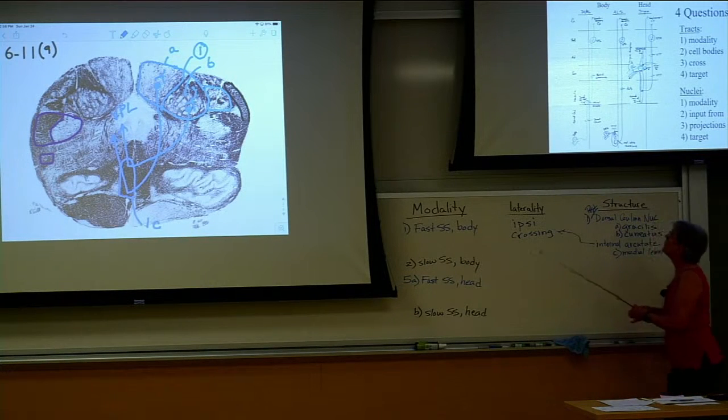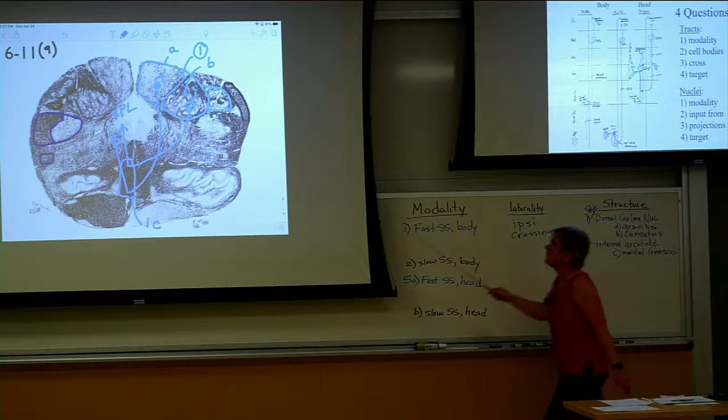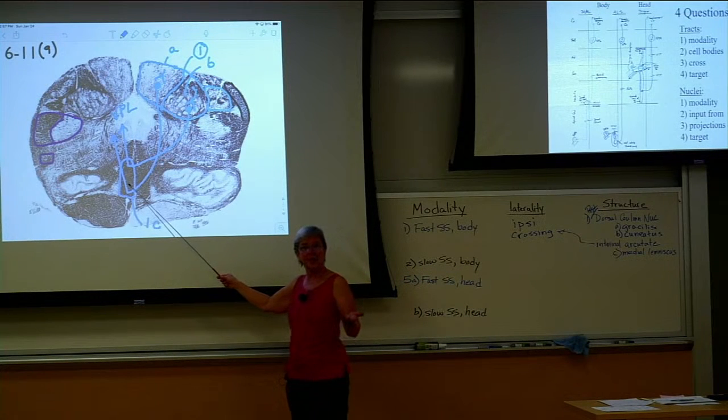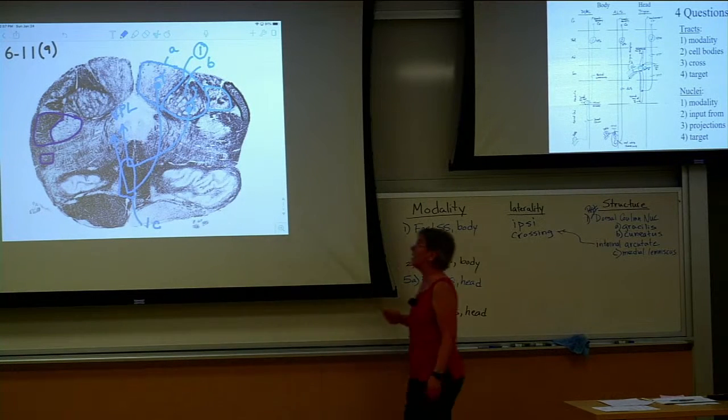And finally, we have our medial lemniscus, 1C, up there on the section. If we're talking about these fibers right here, and the question is, where did that information originate? The answer is going to be in the contralateral body.